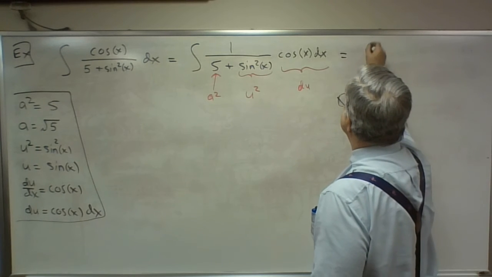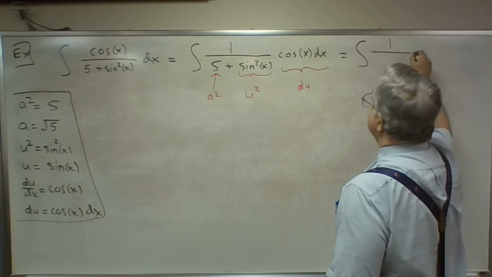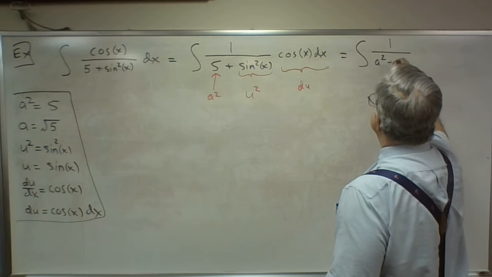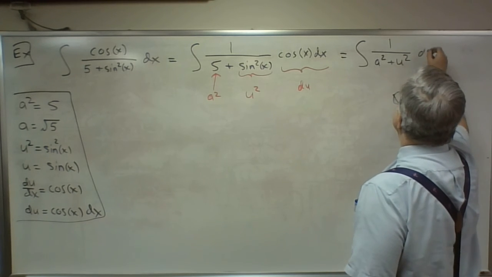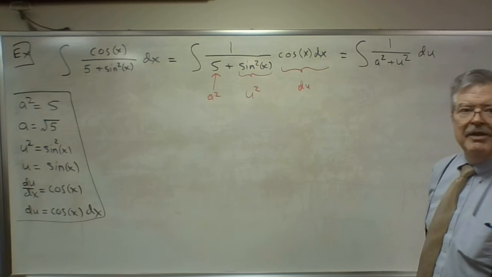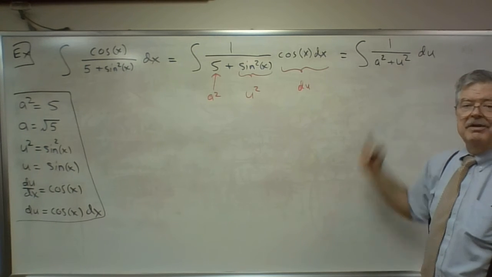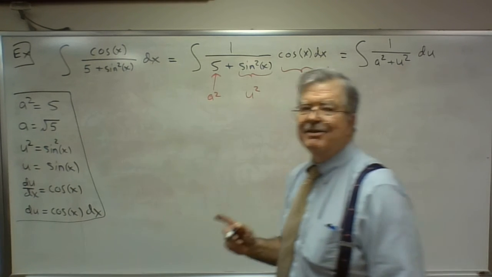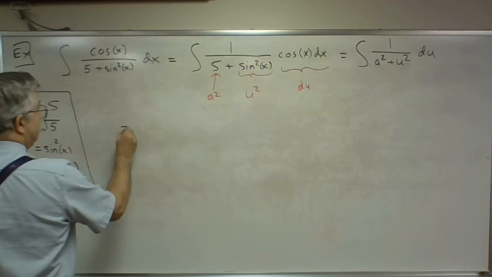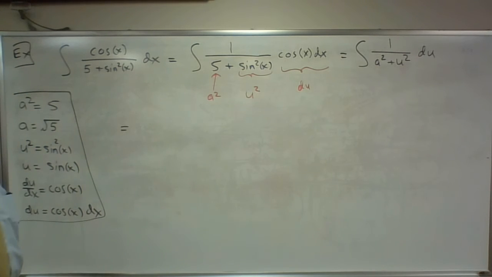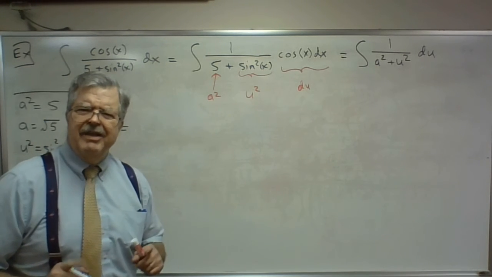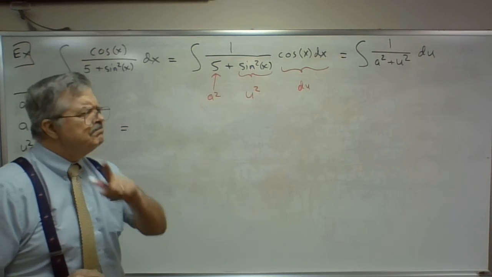Look at this. 1 over a squared plus u squared du. This is the standard formula that gives us arctangent of u. And what is that formula?